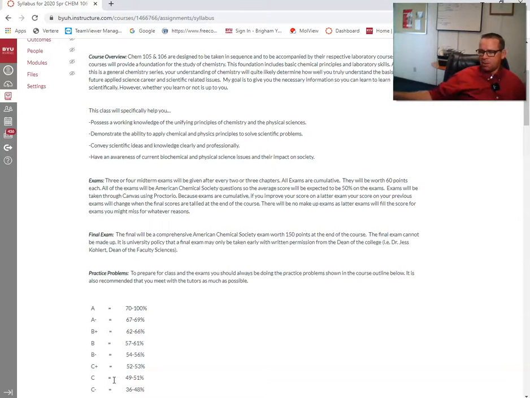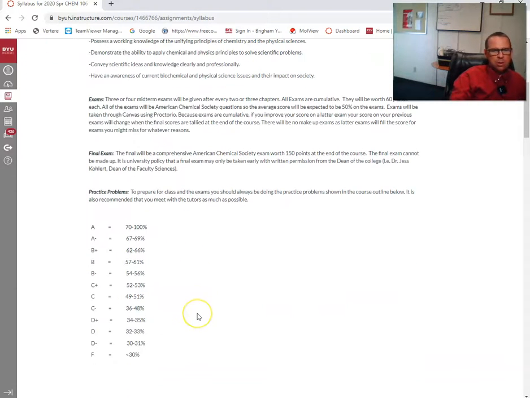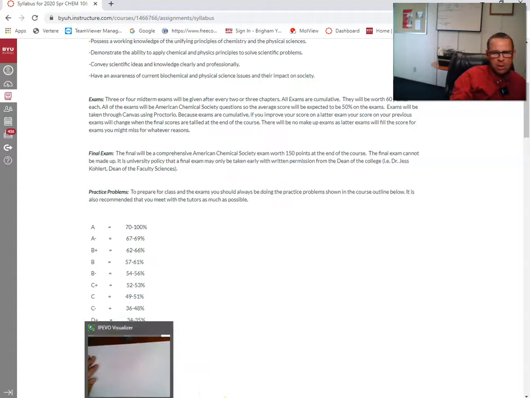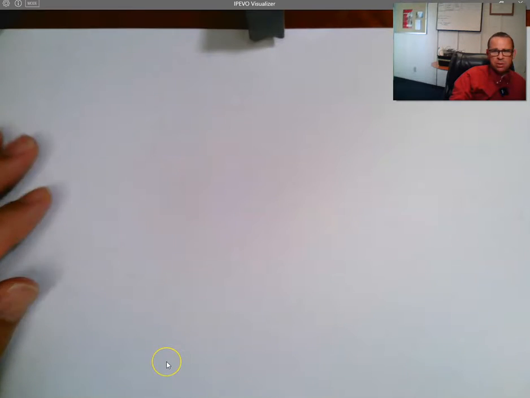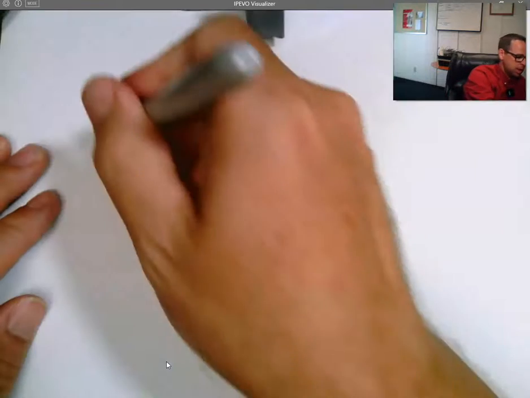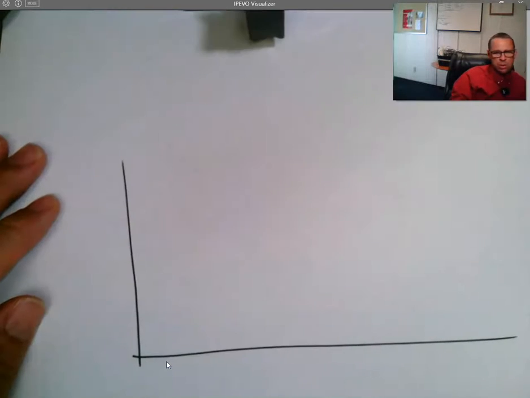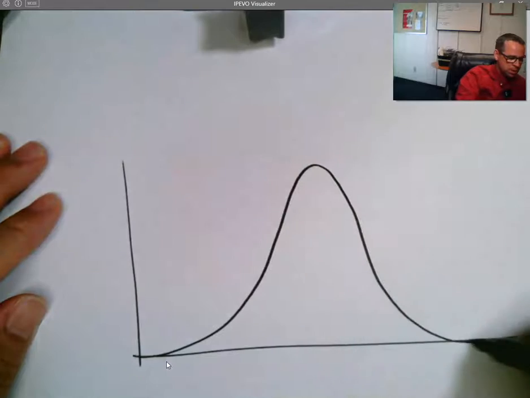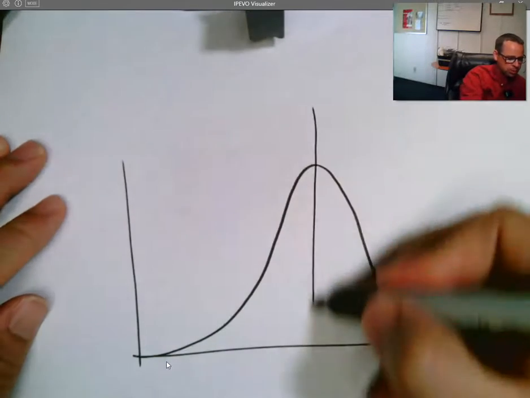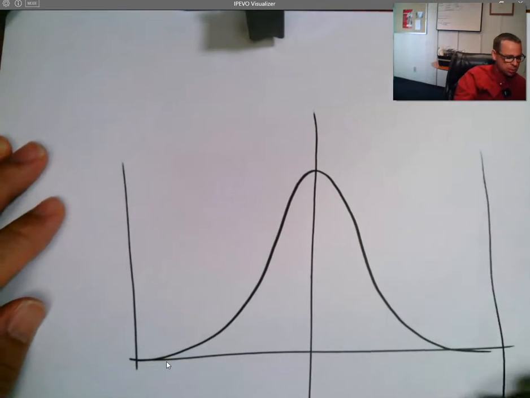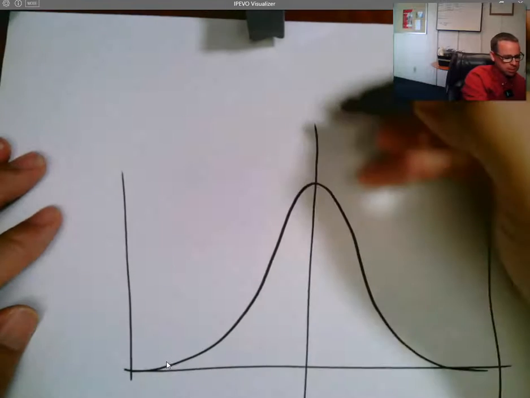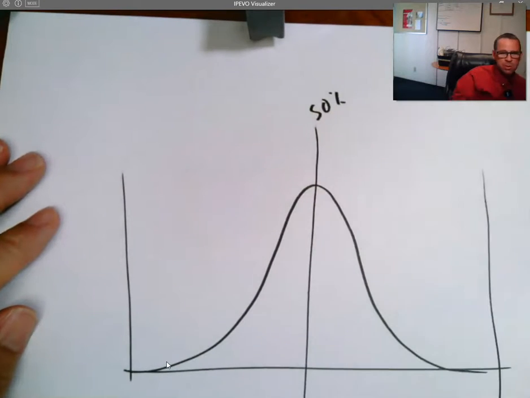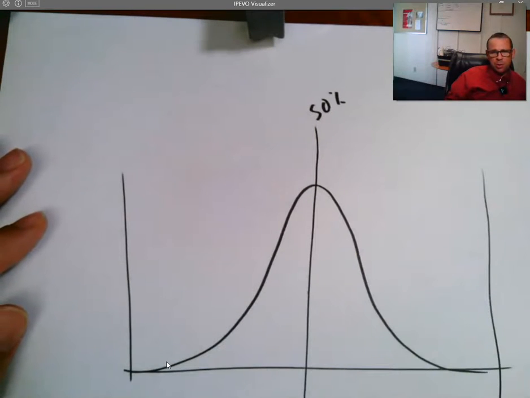The exams themselves are standardized questions. Because these exams come from the American Chemical Society repository of standardized questions, the average score on these questions is 50%. There should always be a standardized, normal curve, as we call it, where there's the same amount of scores on both sides. For that to be possible, this average has to be around 50%, right?